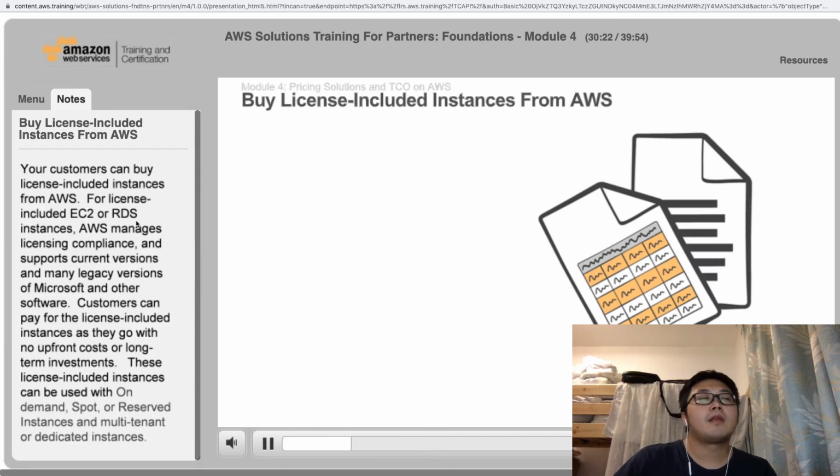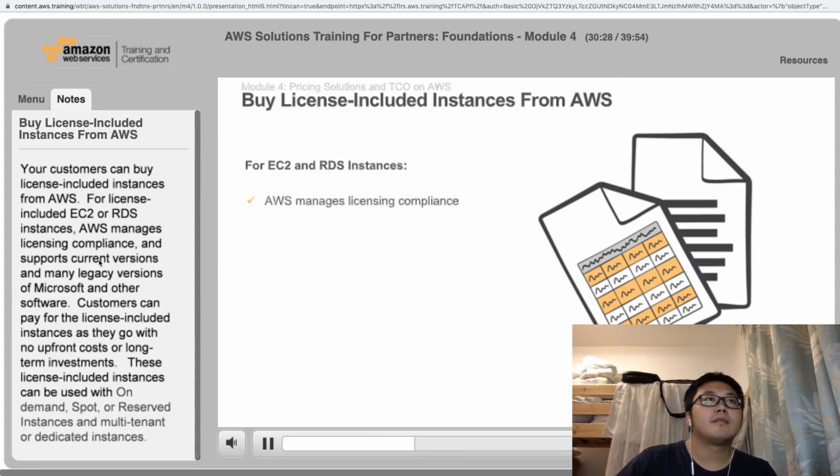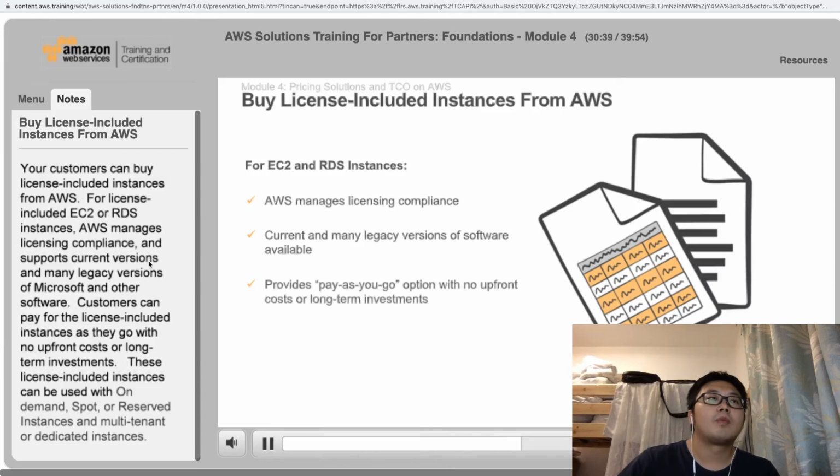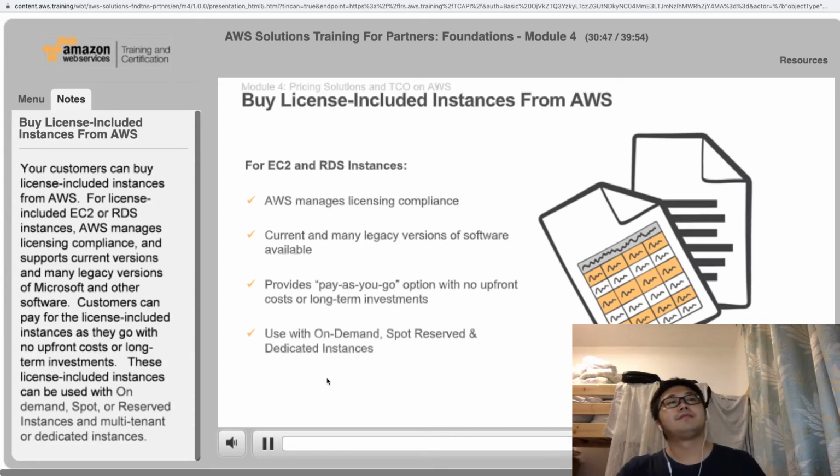For license-included EC2 or RDS instances, AWS manages licensing compliance and supports current versions and many legacy versions of Microsoft and other software. Customers can pay for the license-included instances as they go, with no upfront costs or long-term investments. These license-included instances can be used with on-demand, spot, or reserved instances, and multi-tenant or dedicated instances.